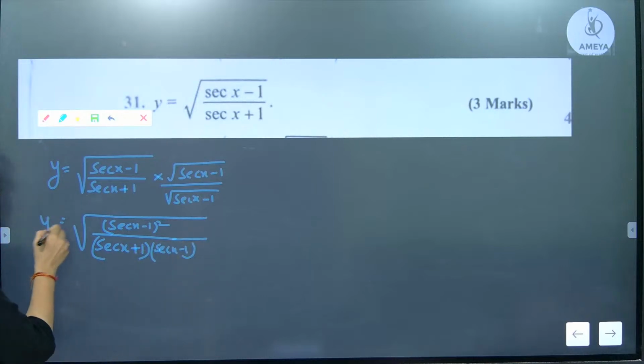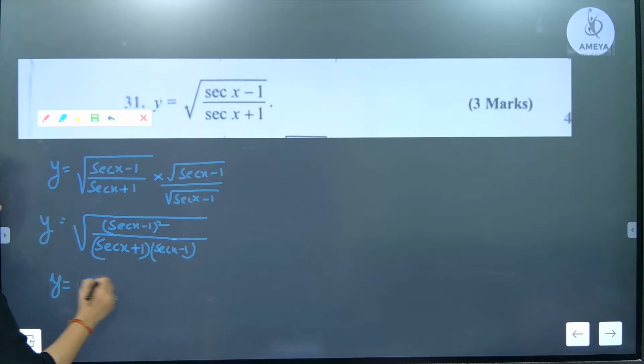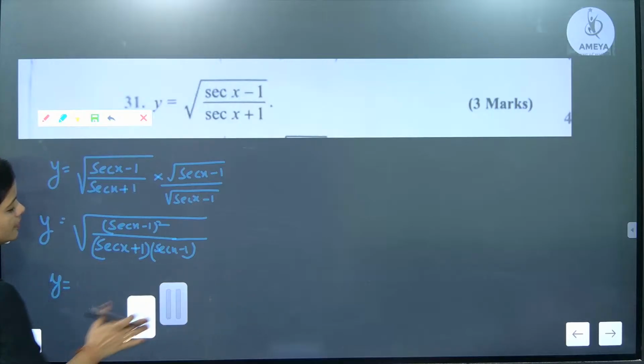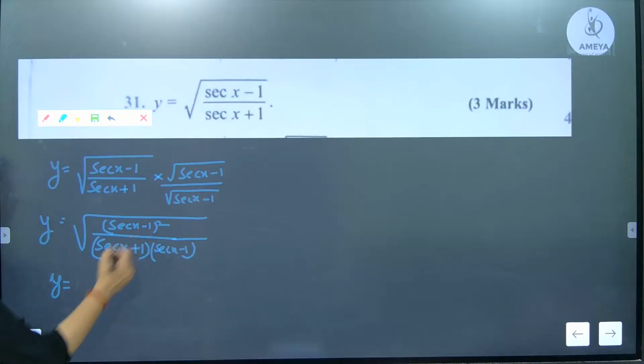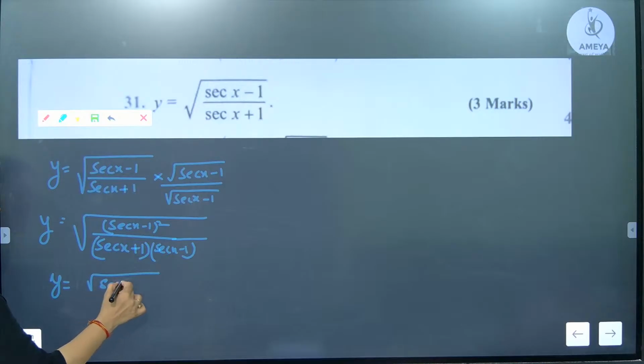Done? Now everything is equal to y. So y equal to, the numerator will become secant x minus 1, the root part will be secant x minus 1. I am just distributing the root here like this, secant x minus 1 whole square.